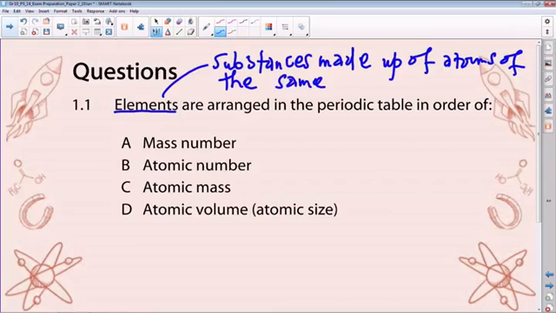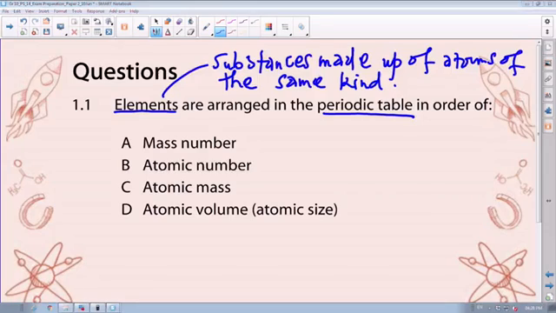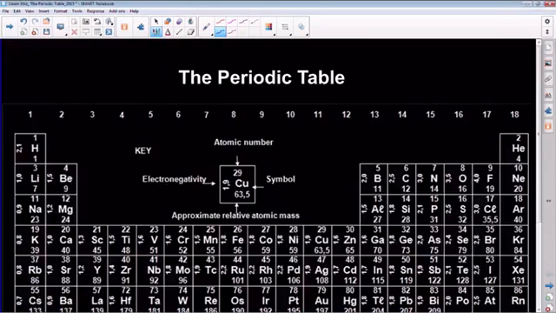Hence, we talk about the periodic table of elements. They are arranged in the periodic table. If I can draw your attention a little bit to the periodic table, this is what we have. As you can see, the symbols have been used. This is element number 1, number 2, 3.